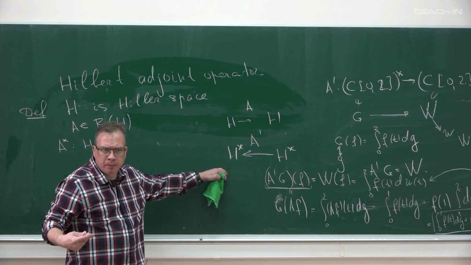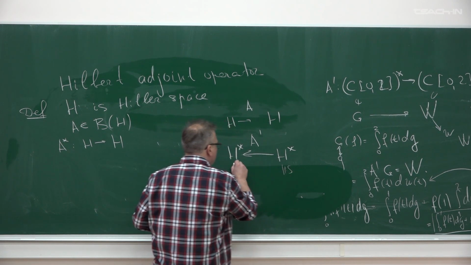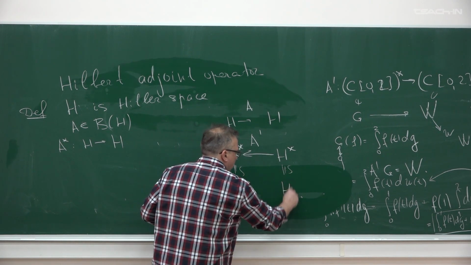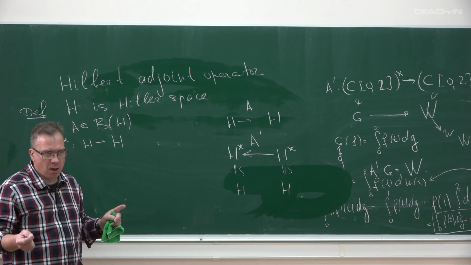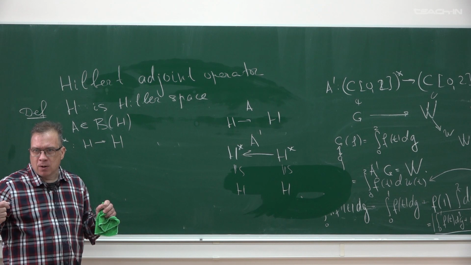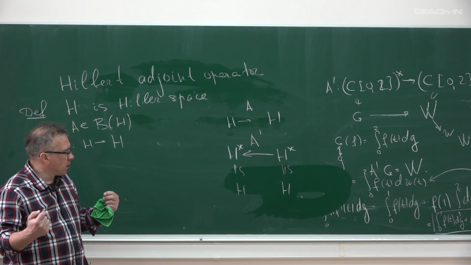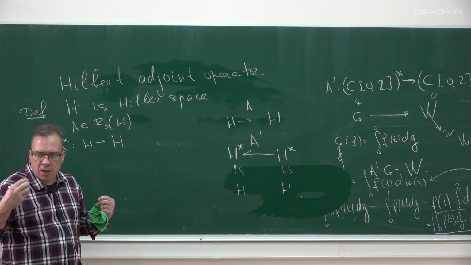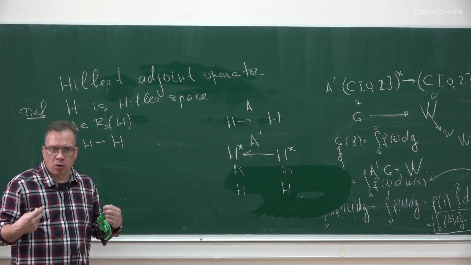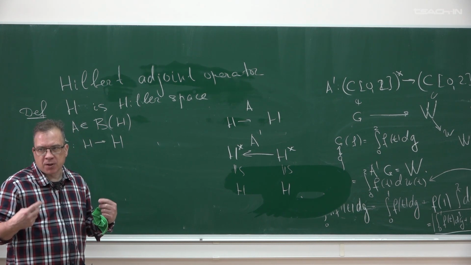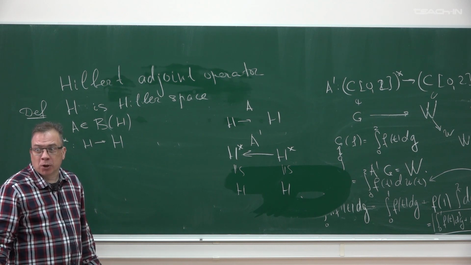But we know by Riesz's theorem that these spaces are isometrically isomorphic. So by this you can define another adjoint operator which acts in the same space. It is more convenient, such that the diagram is commutative.